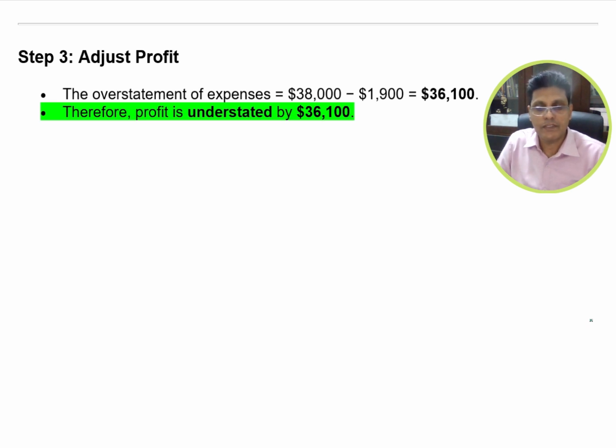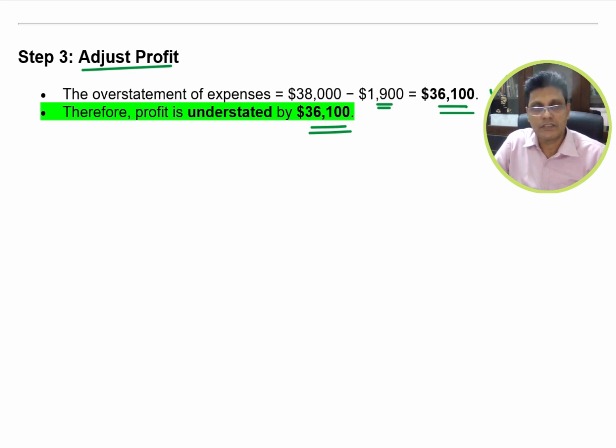So what should be the adjusted profit? The overstatement of expenses is 38,000 minus 1,900, that is the correct expense, which is the depreciation. So 36,100. So therefore the profit is understated by 36,100 and you have overstated the expenses by 36,100.